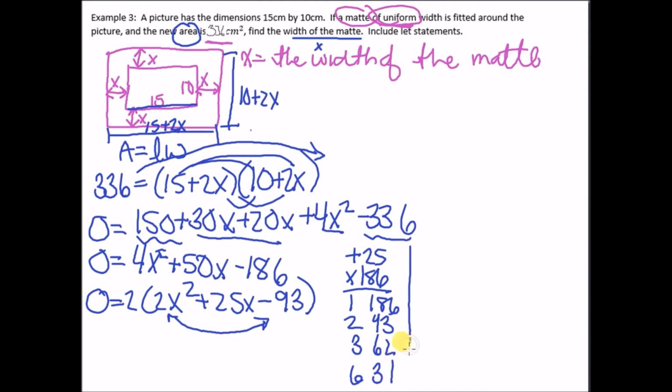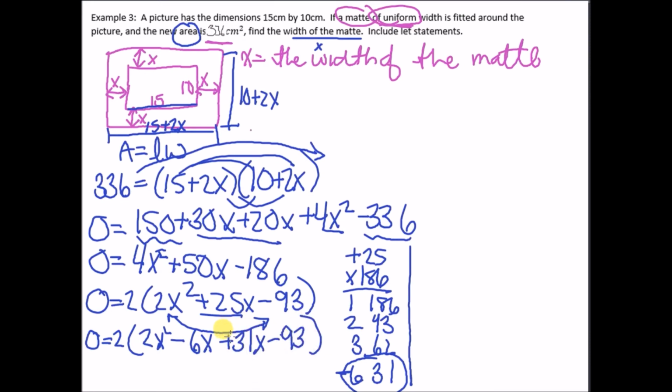Okay, we're nowhere near 25. No, we got it. Negative 6 and 31: 31 minus 6 will equal 25. So the coefficient here is 2, so what we actually have to do is decomposition. We're going to break down this middle term, 25x, into minus 6x plus 31x.